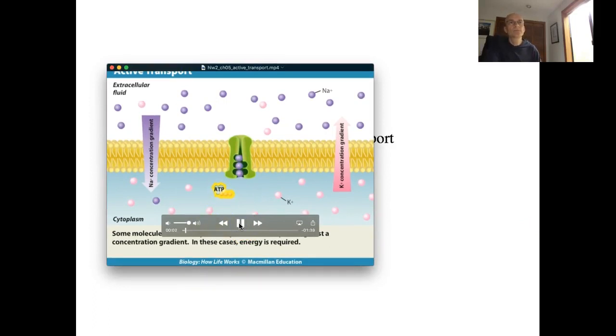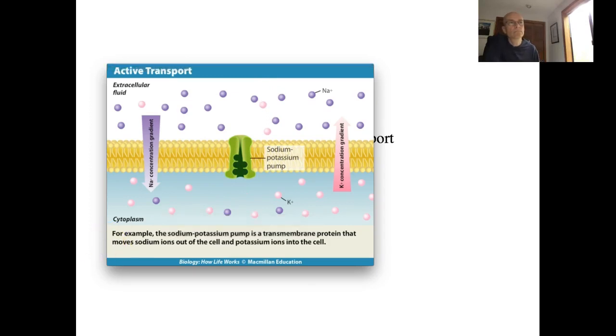Some molecules are actively taken up or removed by cells against a concentration gradient. In these cases, energy is required. For example, the sodium-potassium pump is a transmembrane protein that moves sodium ions out of the cell and potassium ions into the cell. The sodium-potassium pump uses the energy of ATP to pump 3 sodium ions out for every 2 potassium ions in.